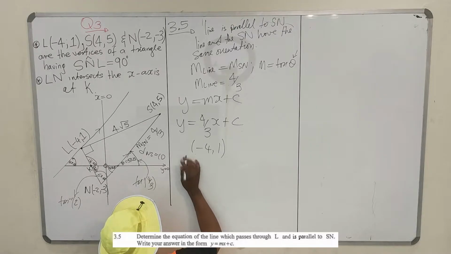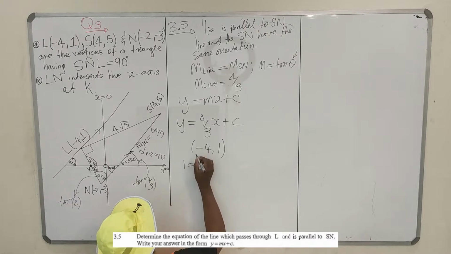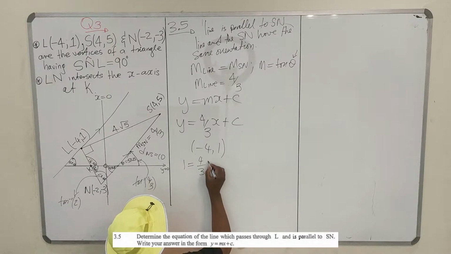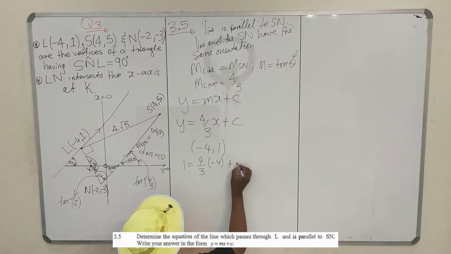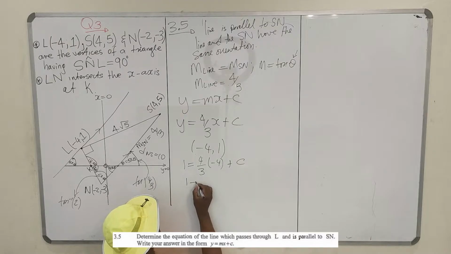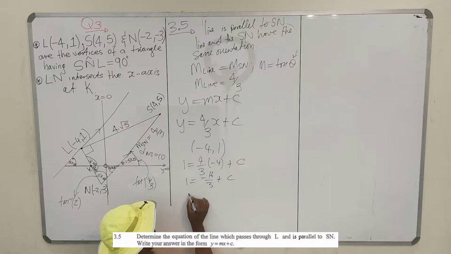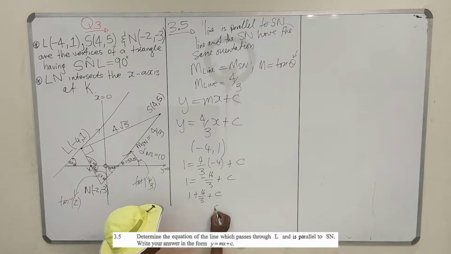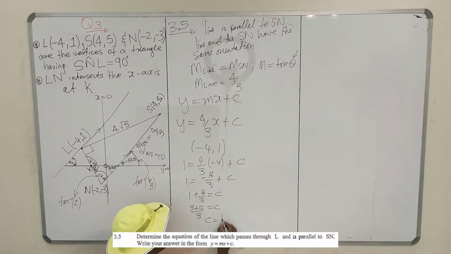Say y is equal to mx plus c. The y is 1, 4/3 times minus 4, plus c. So you have 1 is equal to minus 16/3 plus c. So we have 1 plus 16/3 is equal to c. Solve this: 3 plus 16/3 is equal to 19/3.